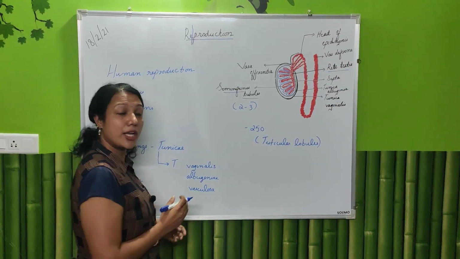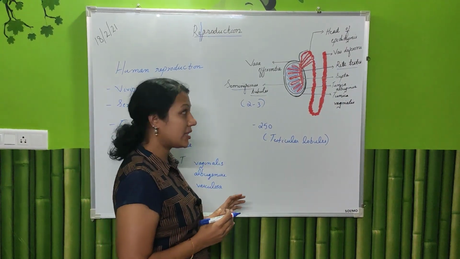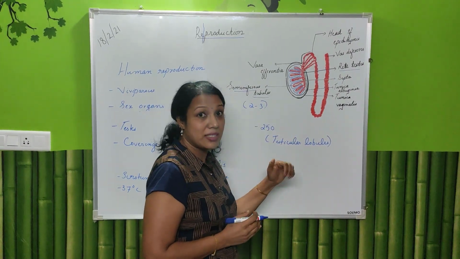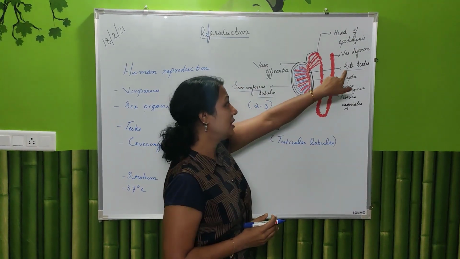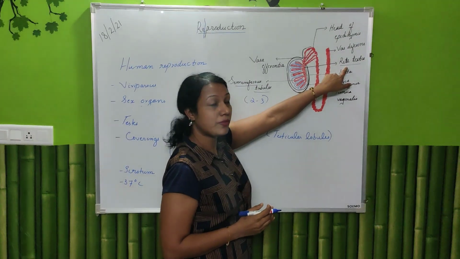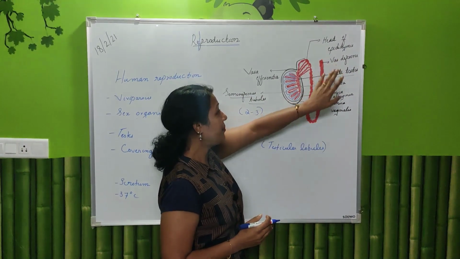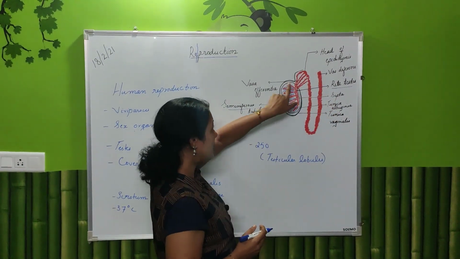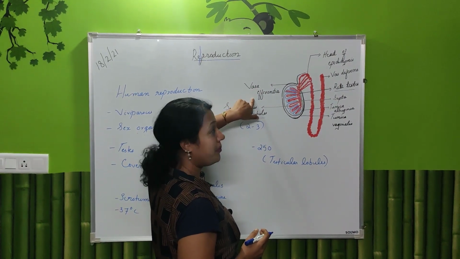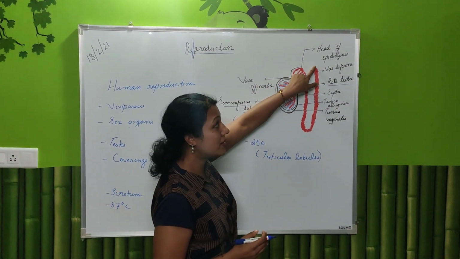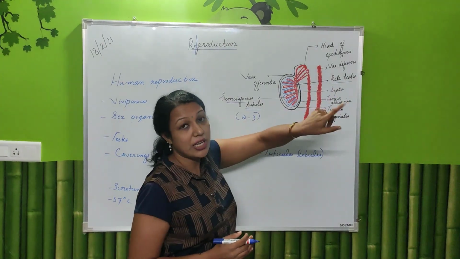So now we are entering into that part. Accessory ducts. When you look at our accessory ducts in testis, we have rete testis, now we have vasa efferentia, epididymis, vas deferens. Then we have ejaculatory duct.